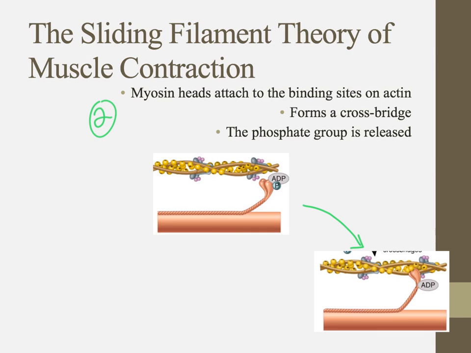And this is what we call a cross bridge. Okay, so a cross bridge is literally when we have a connection between myosin and actin. We don't have that over here. Look, they're not connected. When this happens, this inorganic phosphate group gets released. Okay, so it was hanging out here after we split ATP. This goes away, and now I just have that ADP there.